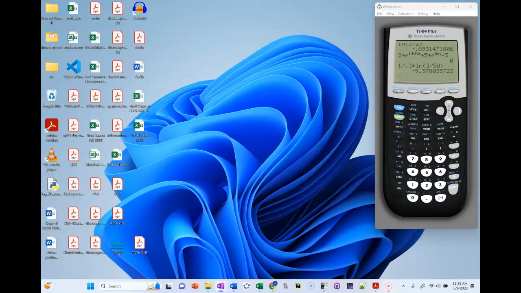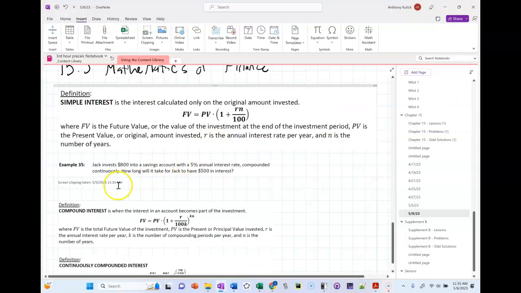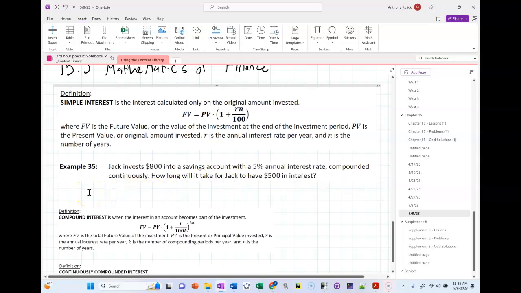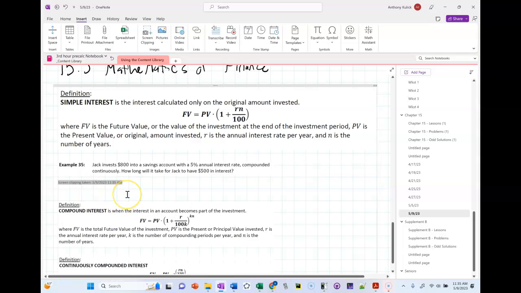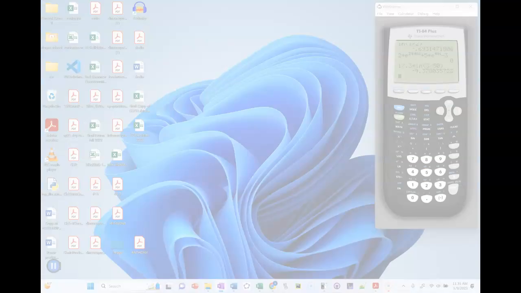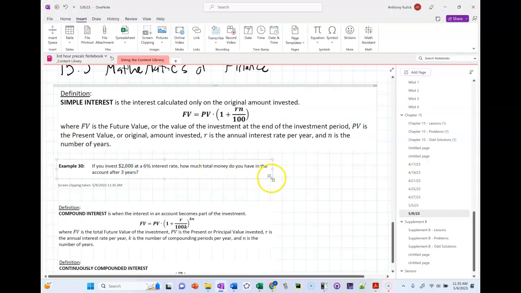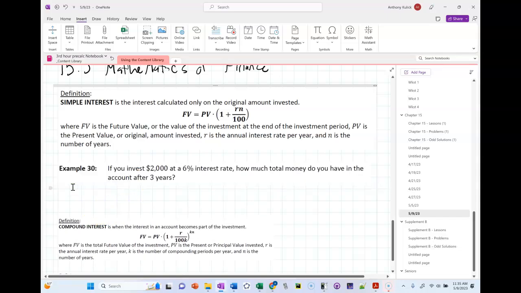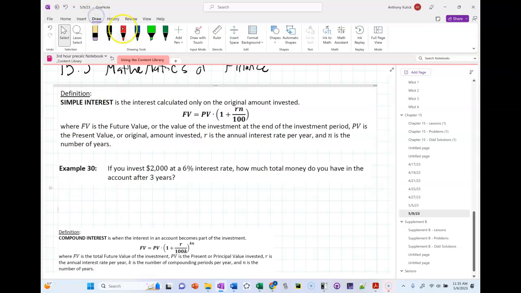So, for example, let's say we invest 2,000 big ones at 6% interest.